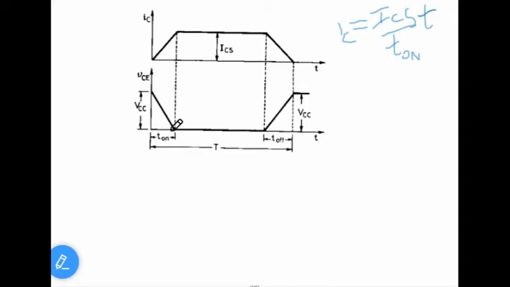Similarly, if you write the expression for the voltage, it is an equation of a straight line with a negative slope. When time is 0, the voltage is VCC.